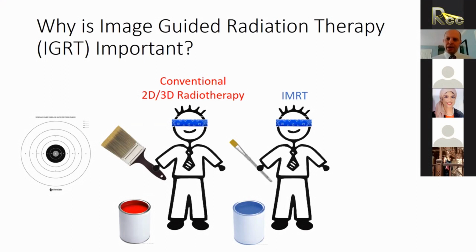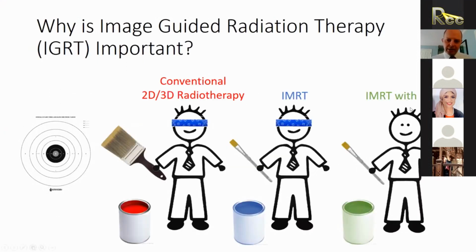And then if we add in image guidance, now all of a sudden it's like we're taking the blindfold off. Now we have a fine tool that's ready to use, and we can see where we're painting. So we can really best utilize that tool of dose painting with IMRT because we know exactly where we are aiming that.